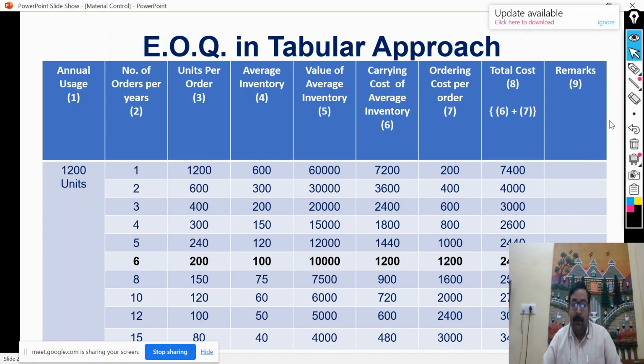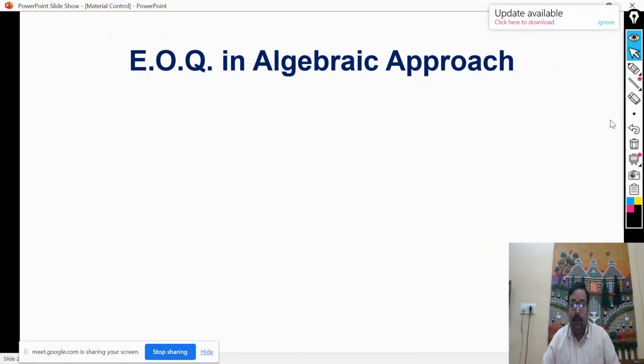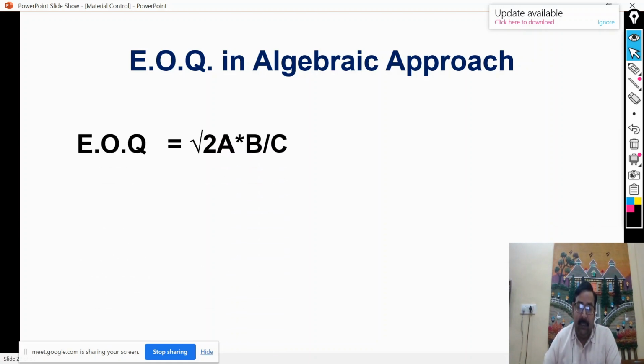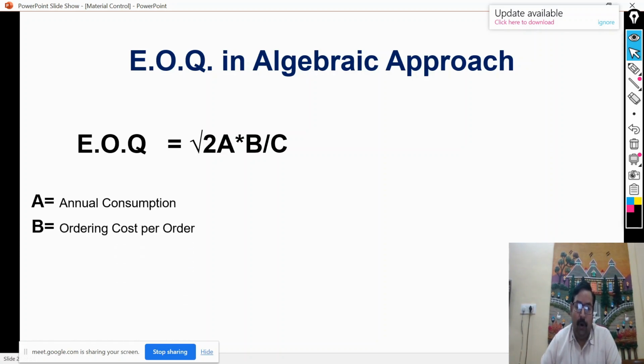Next is economic order quantity in the algebraic approach. The algebraic approach is a clear-cut formula. Economic order quantity is equal to the square root of 2AB upon C. Here A is annual consumption, B is ordering cost per order, and C is carrying cost per unit annually.